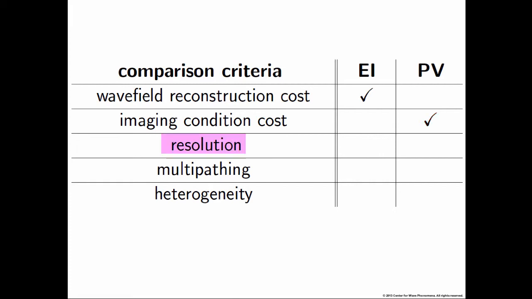Now, angular resolution. For the Poynting vector, one of the biggest assumptions I make is specular reflection. So we only obtain two vectors at each image point, and then compute the angles using those Poynting vectors. So the resolution is really good for the Poynting vector. But the resolution for the extended imaging method is related to the extended space lag gathers and how we do the slant stacking.